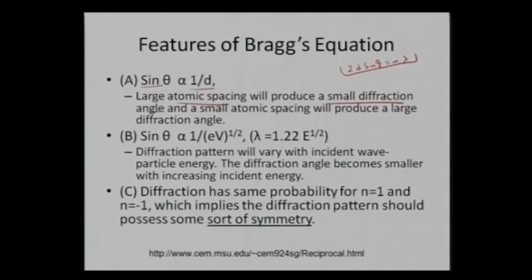So sin theta is proportional to 1 by d. As my lattice spacing increases, I get diffraction at much smaller angles, and smaller atomic spacings will produce a larger diffraction angle. So that is the inverse relationship of the interplanar spacing with the diffraction angle.